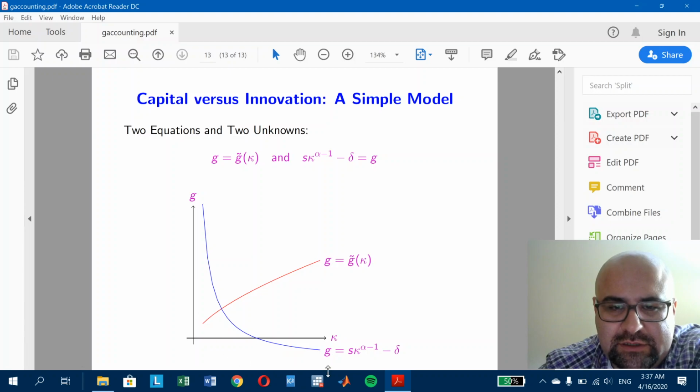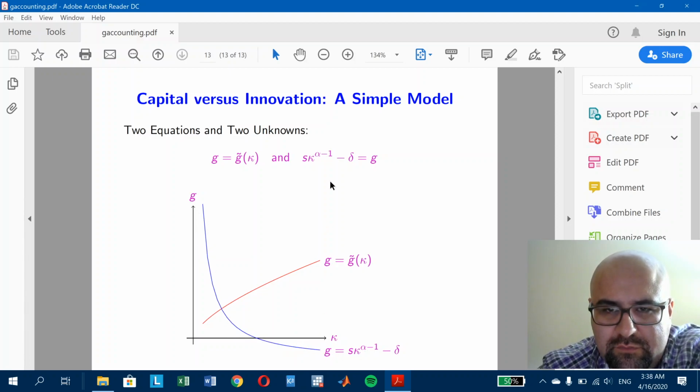Now, that's an interesting result. So what is happening here? Let's do some comparative static analysis. If s is larger, if society starts saving more, then that's good for both kappa and G, right? Because that blue curve here, which is this one, shifts upwards. So a new equilibrium, for instance, could occur here, all right?